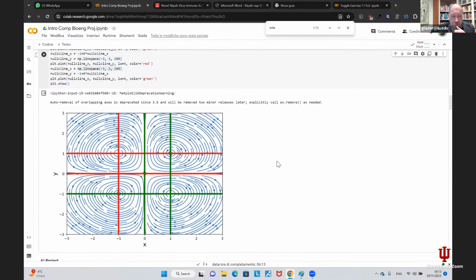I think the colors are not quite right for the null clines, but that's okay. Does anybody need help with that, or did everybody get something that looked like that?